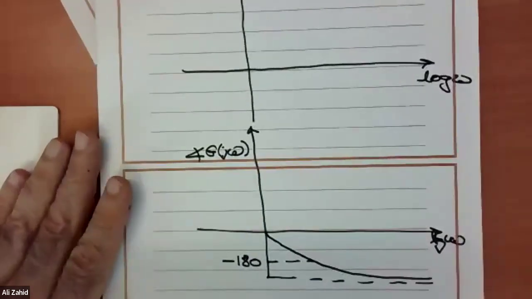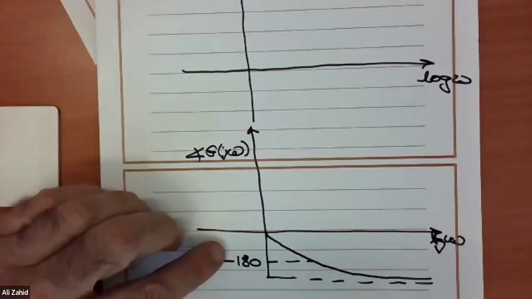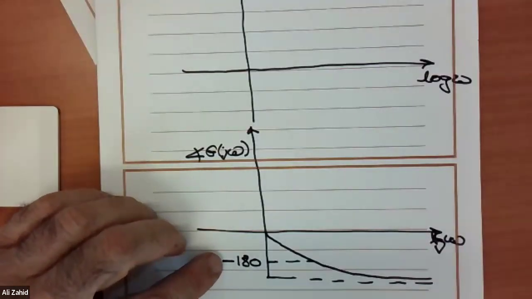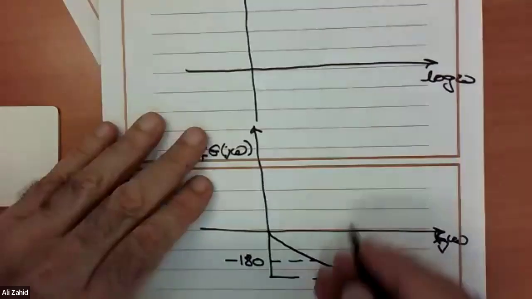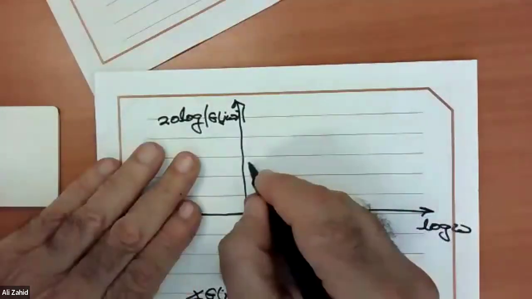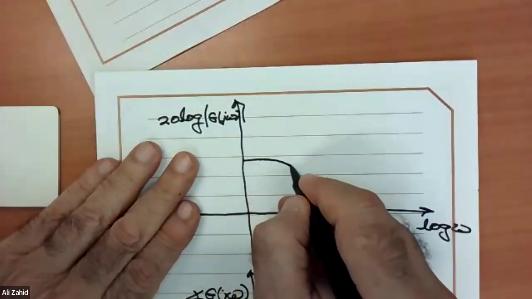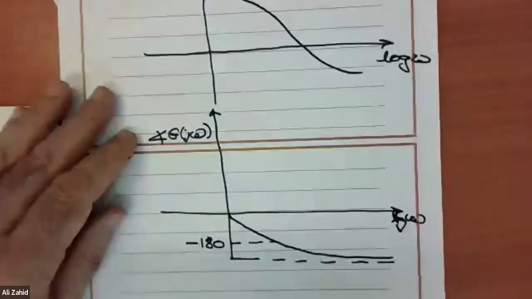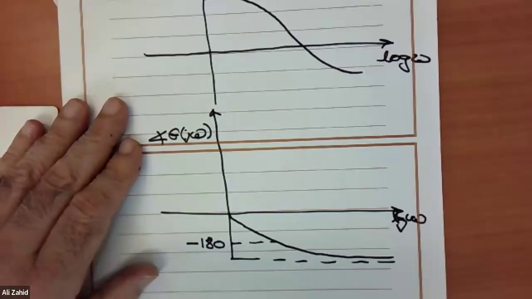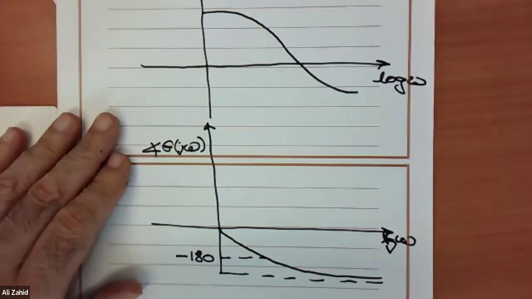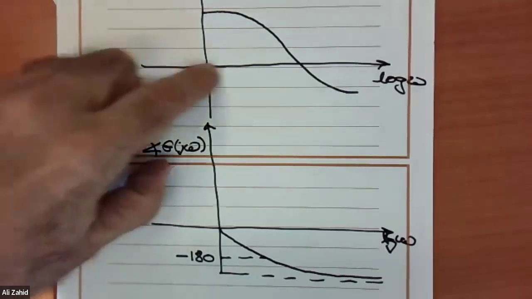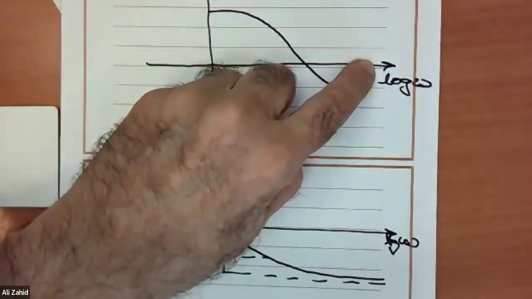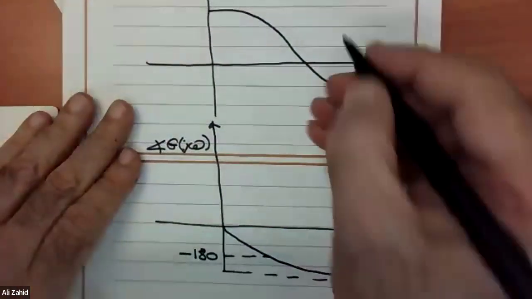Where is the phase margin? Sorry, where is the minus 1? I need to sketch the magnitude. Where is the gain crossover frequency? This is 0 dB.